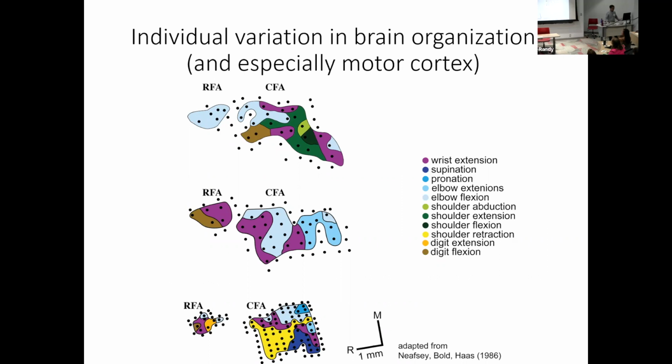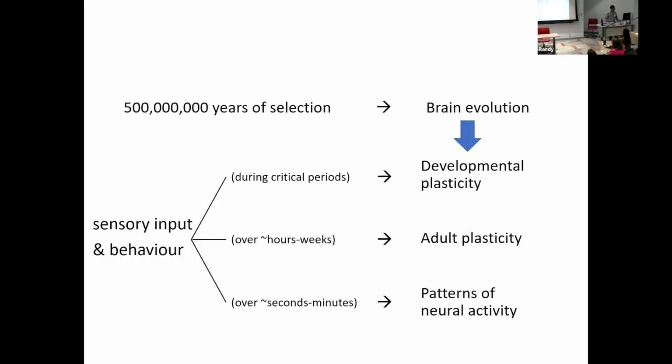So what's going on here? So normal development may produce a wide range of motor organizations. As I said, this may be just because of all the competing factors that shape the topography of motor cortex.